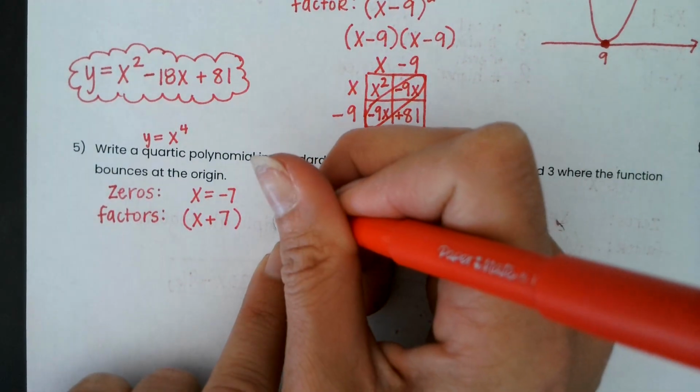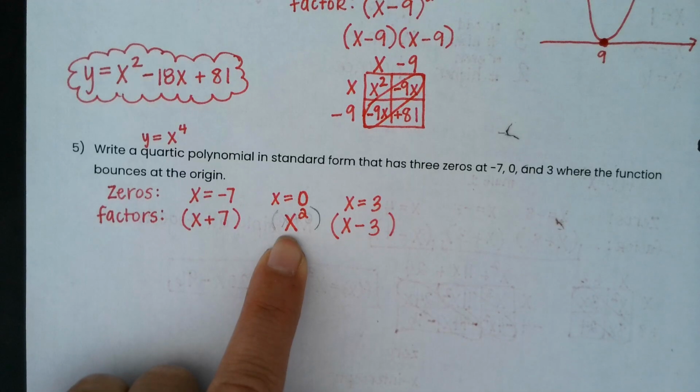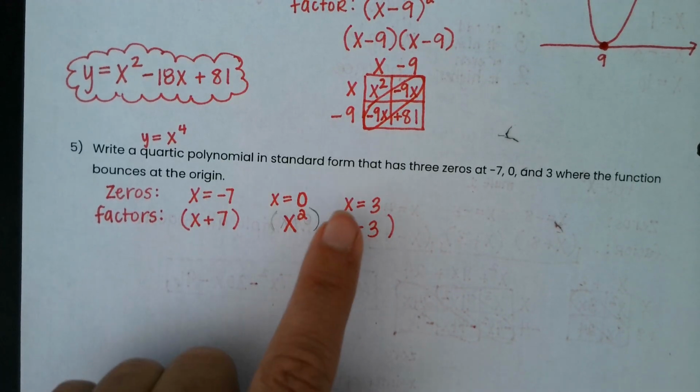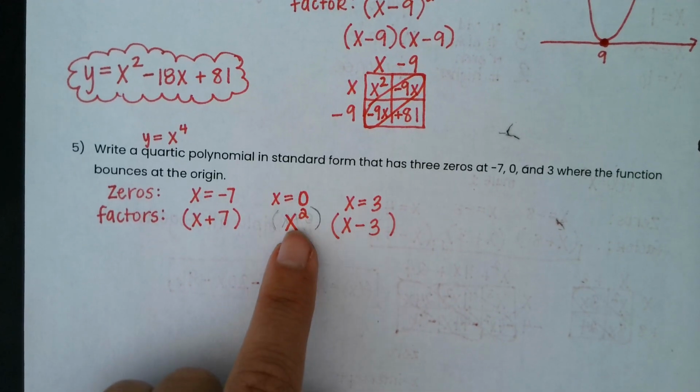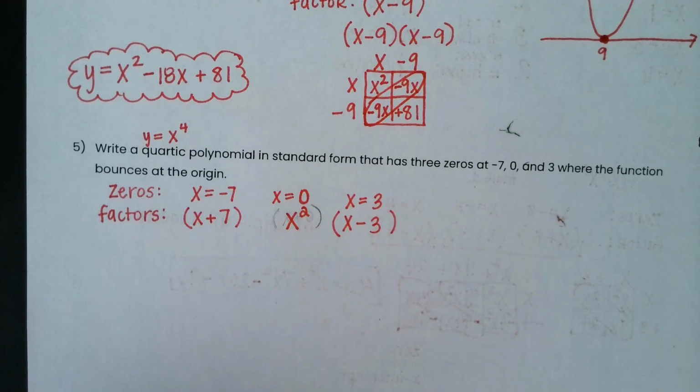So we're going to put a squared on the outside, so we're just going to call that factor x squared. It's technically 2 x's multiplied together, right? So you've got 1 factor, 2 factors, 3, 4, right there. That's how it becomes the quartic.